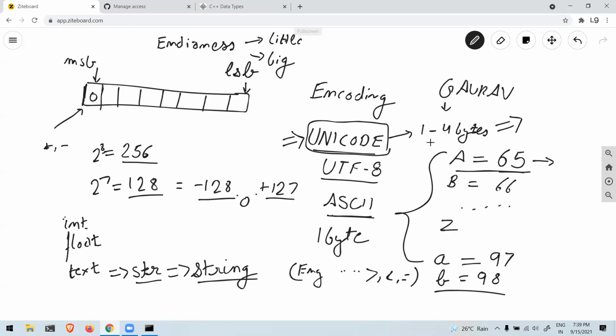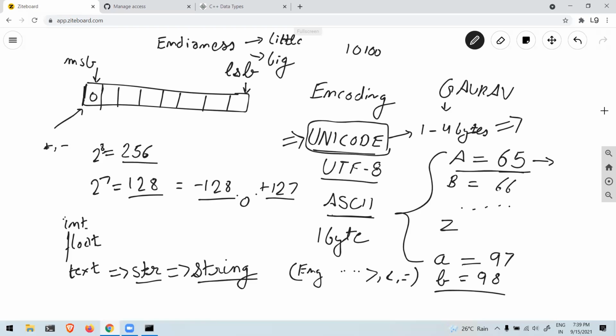Does anyone know what this means? Little versus big? Any kind of thing you remember? No? All right. See, a computer is a system. Look at the binary representation of some number, I'm writing it like this, 10100.